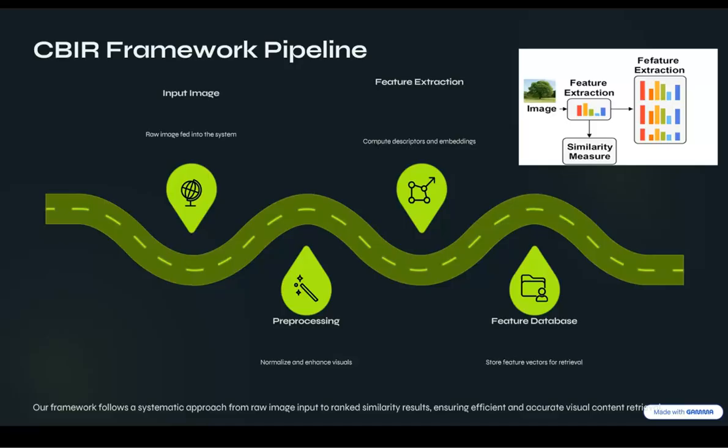So, the framework and the pipeline. Our framework follows a systematic pipeline. The process begins with an input image, which we call the raw image. Then pre-processing, such as resizing, color coding, and normalization. Then we perform feature extraction, creating a compact numerical representation.